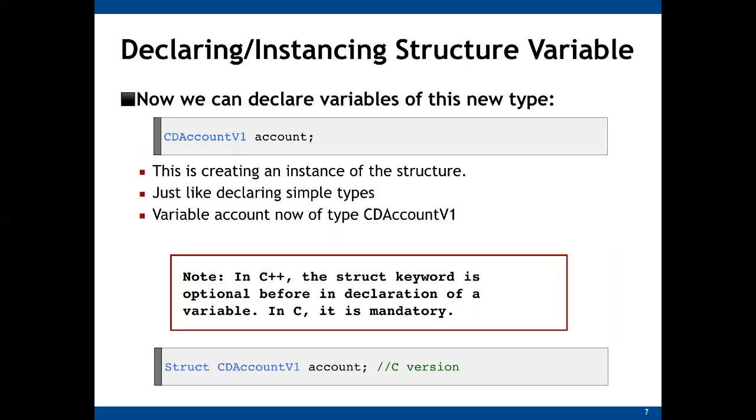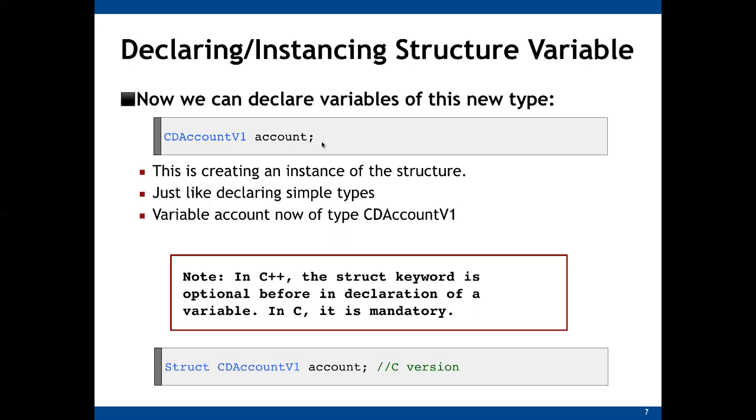A structure type can be used just like other data types. Since we have defined the structure CDAccountV1 globally in the previous slide, we can declare a variable with CDAccountV1 type like this. Account is a variable of type CDAccountV1, which is the structure type we defined in the previous slide.